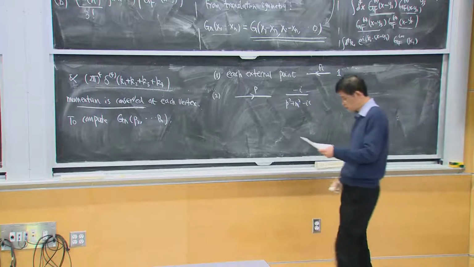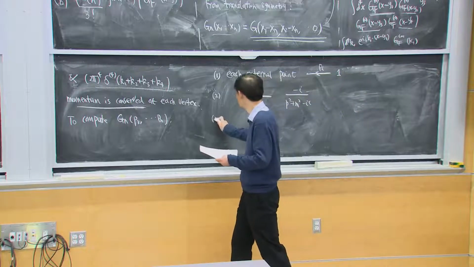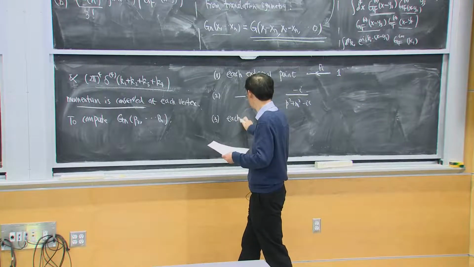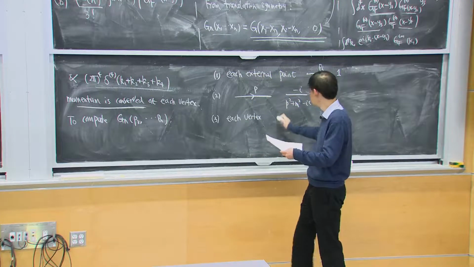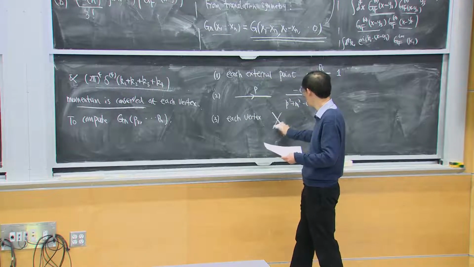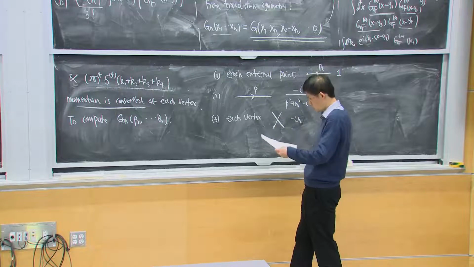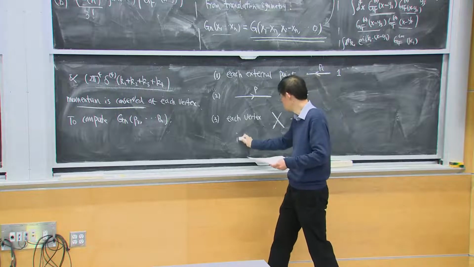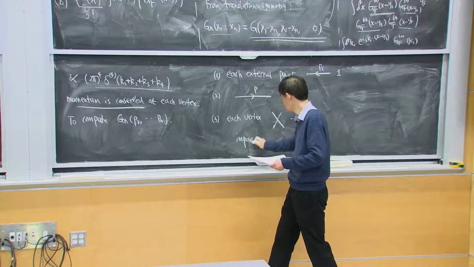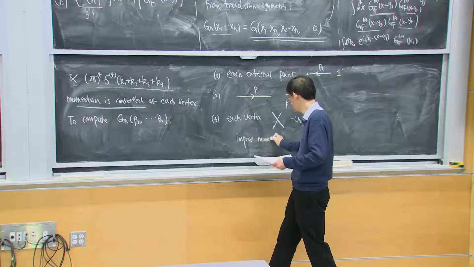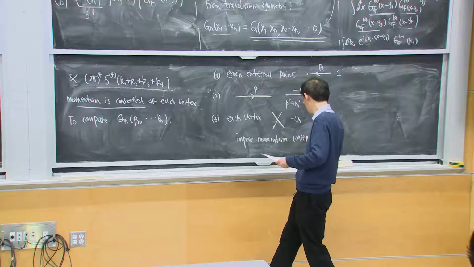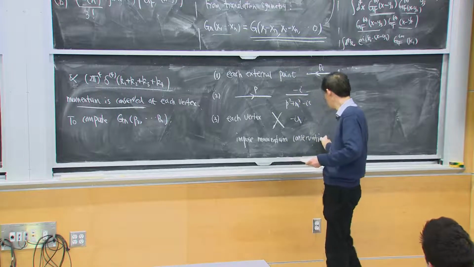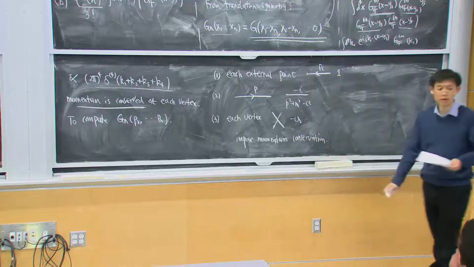Then for each vertex, you have a factor of minus i lambda, and you impose momentum conservation at each vertex.